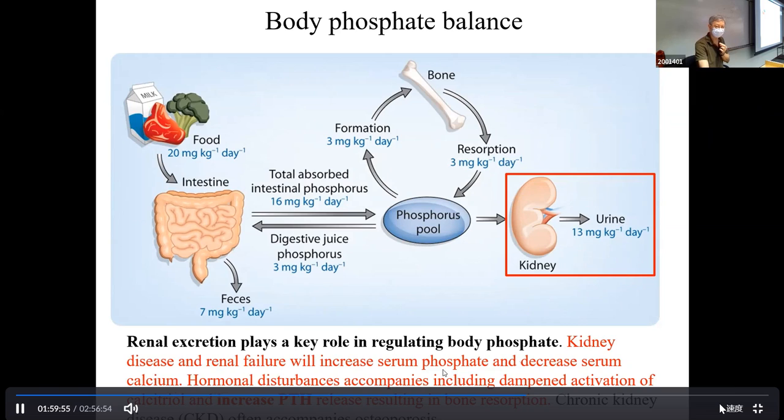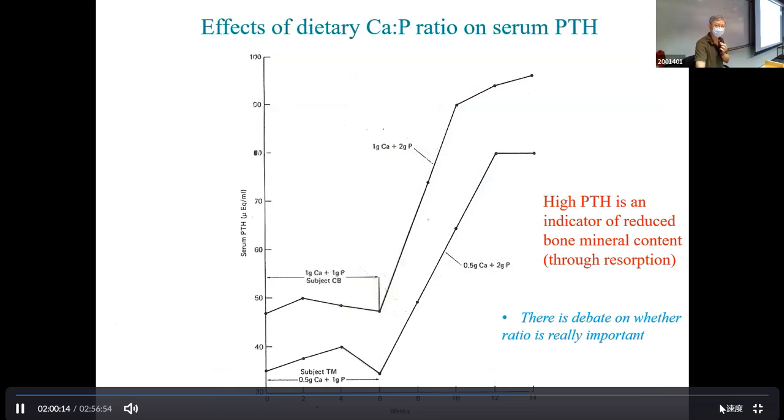So that's why people with kidney problems will also have bone problems. This is the only thing that I want to highlight, and we don't have time to go through the clinical aspects of chronic kidney disease. Now, this is from a nutritional standpoint, potentially the impact of an imbalance between calcium and phosphorus.